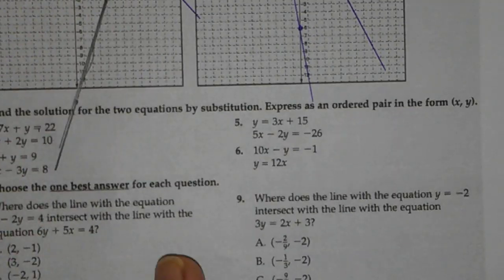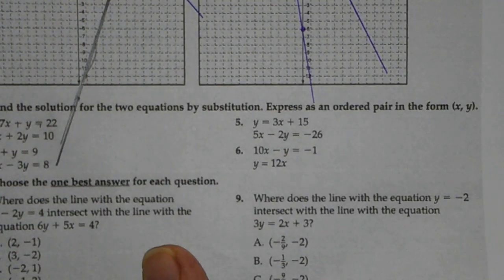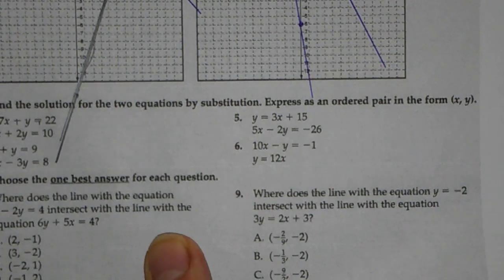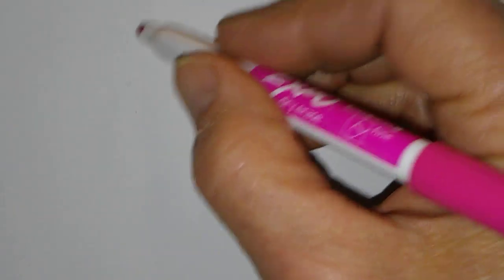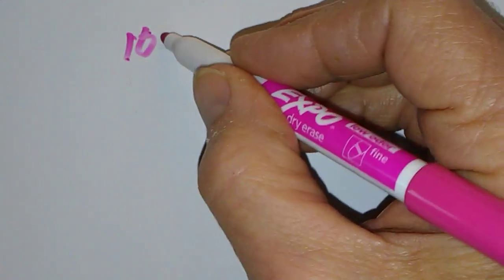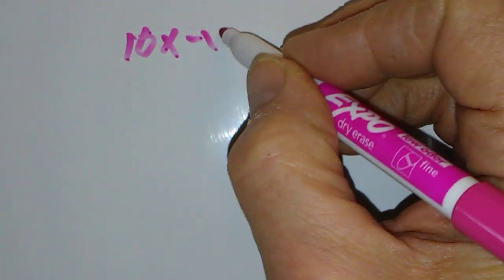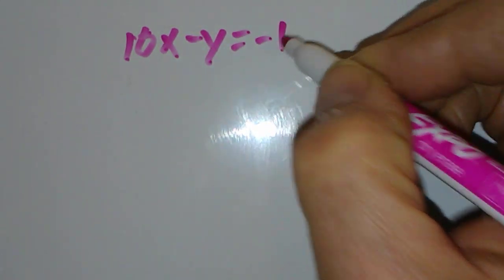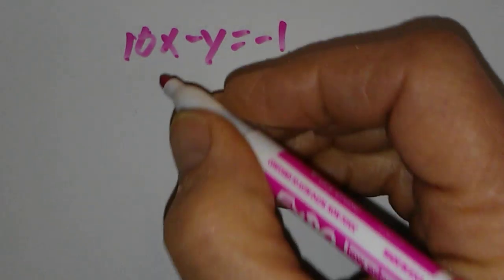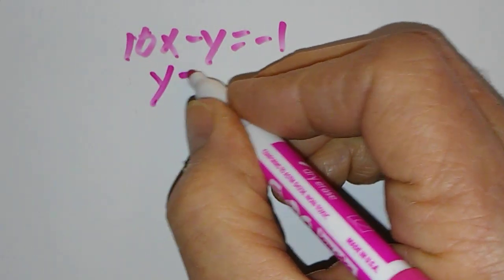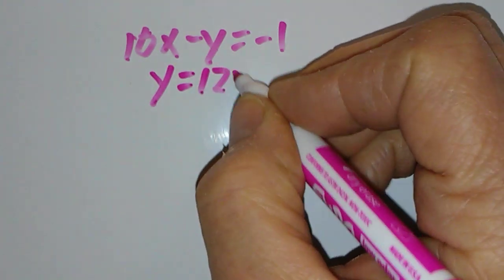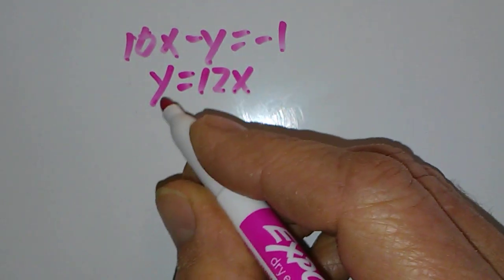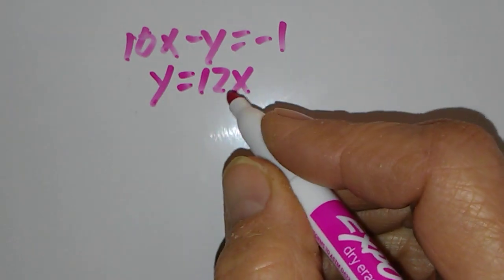Okay, 10x minus y equals negative 1, y equals 12x. I'm going to use this first one for my substitution because y is already set up as 12x.